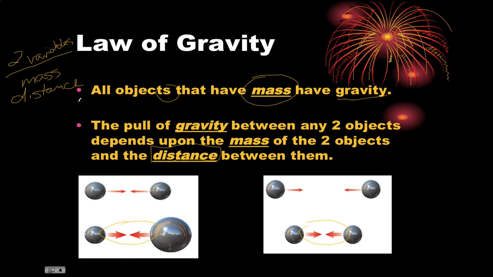Okay. Now here's the thing. We don't have to have big, huge, really gigantic objects, lots and lots of mass to have force of gravity. Believe it or not, there is a force of attraction, gravity, between you, because you have mass, right? And let's say a pencil on your desk. Okay, the pencil also has mass, and there's a distance between you and the pencil.